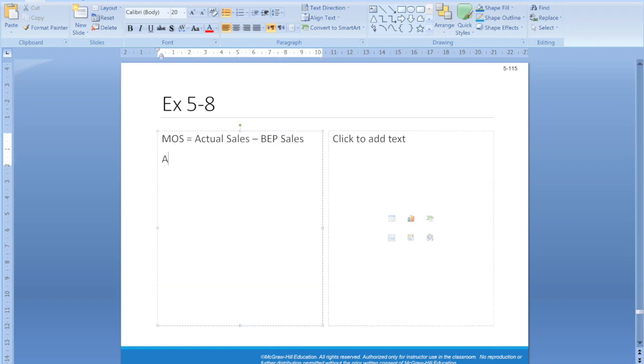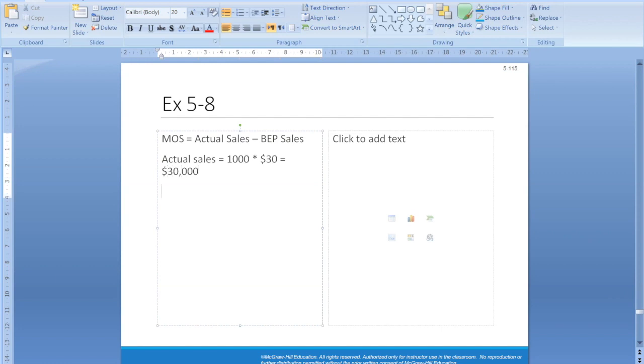The actual sales equals 1,000 units given in the question times the $30, which is also given in the question. So it is $30,000.